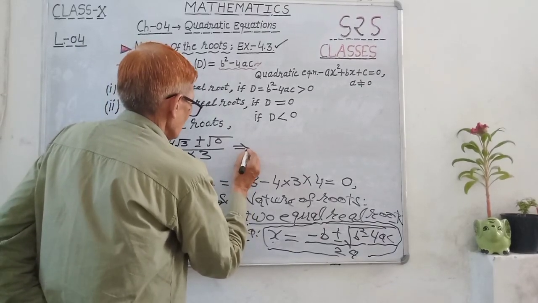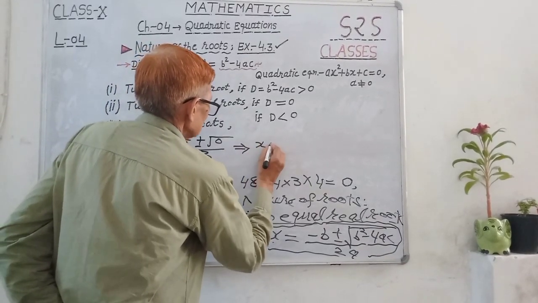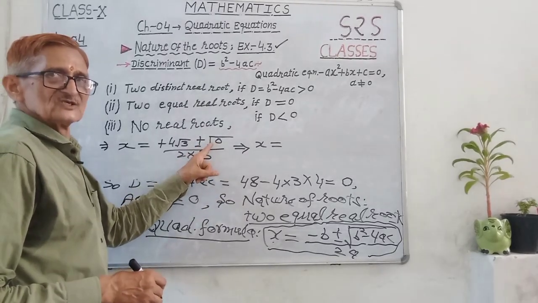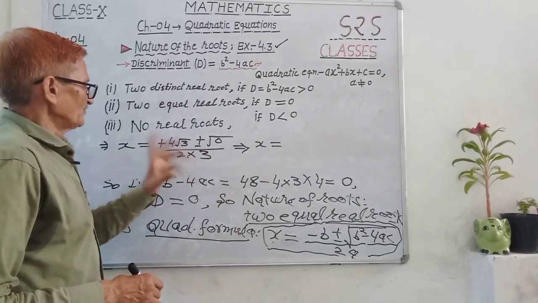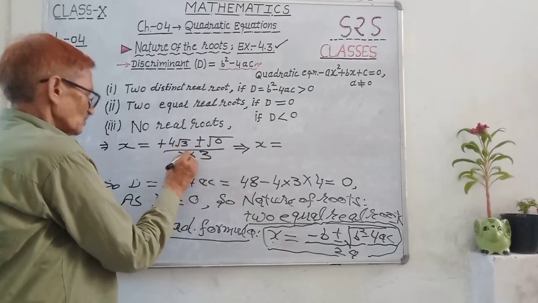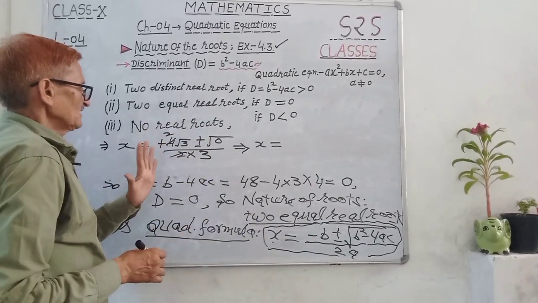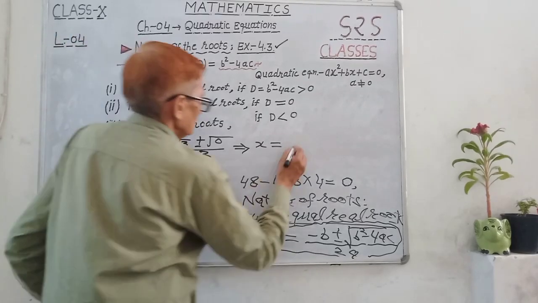Then x equals one time positive, one time negative, so both are 0. So 4 root 3 upon 2 root 3, hmm, 2 and 2 is 4. This is 0. Finish. It means 2 root 3 upon 3.